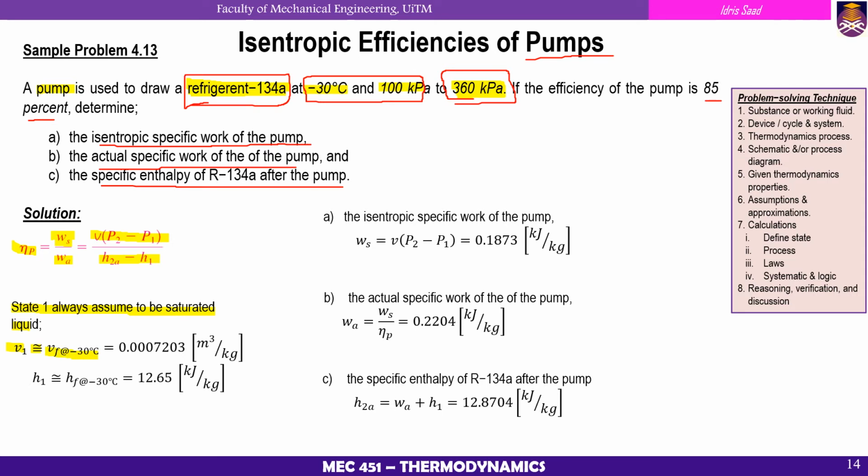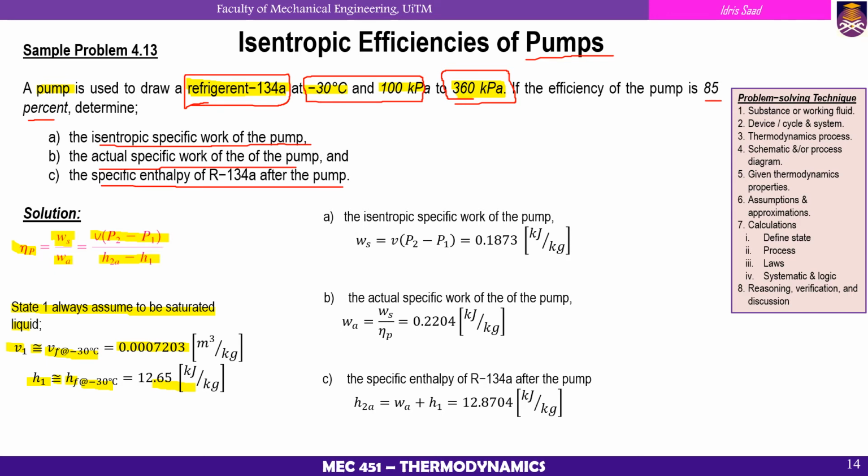Please refer to chapter 2 for why we take negative 30 degrees Celsius instead of 100 kilopascal. The value is 0.000723 meter cube per kilogram, and similarly h1 is approximately hf, also at negative 30 degrees Celsius. This is 12.65 kilojoule per kilogram.